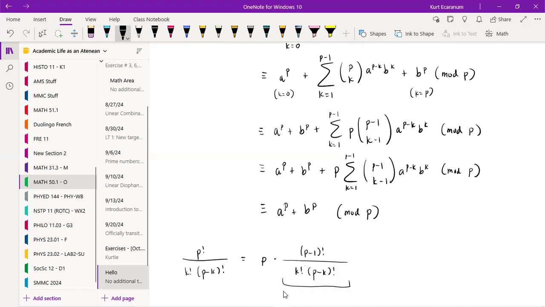Kasi, or kailangan natin gawin ganito. Minus k, minus k minus 1.